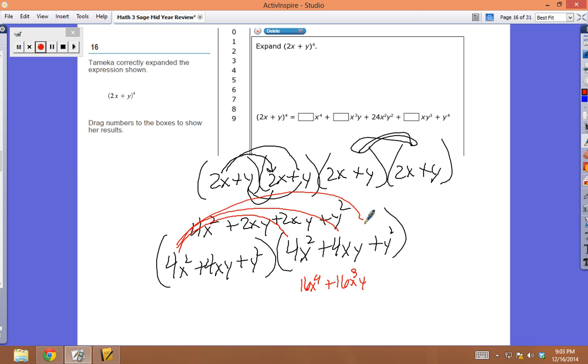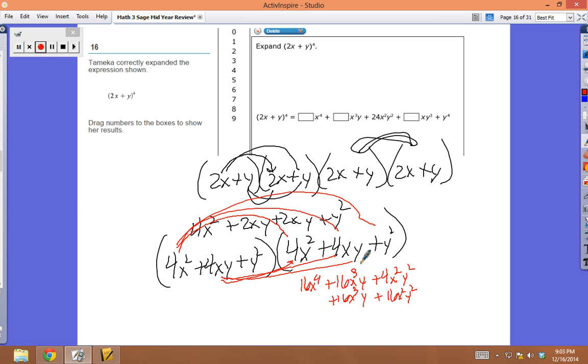And if I multiply this to this, that's going to be 4x squared y squared. Now if I multiply this to this, that's going to be 16x cubed y. So I'm going to put that under here, because they're like terms. 4xy times 4xy is going to be 16x squared y squared.